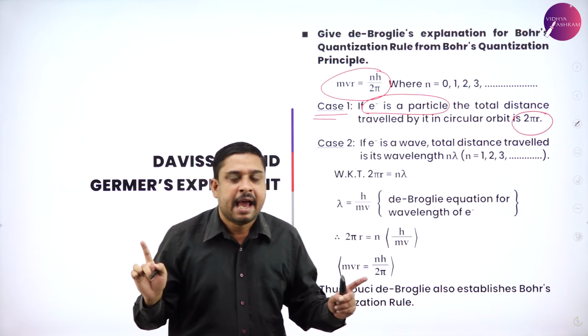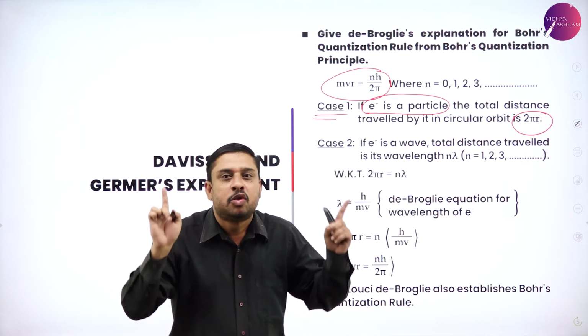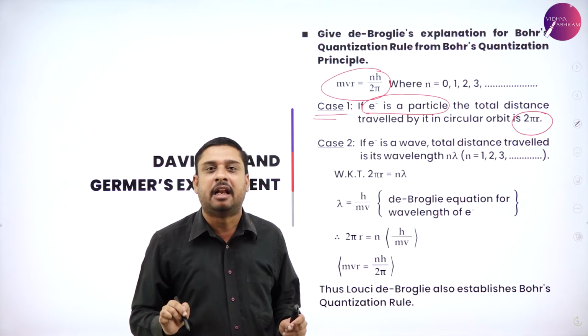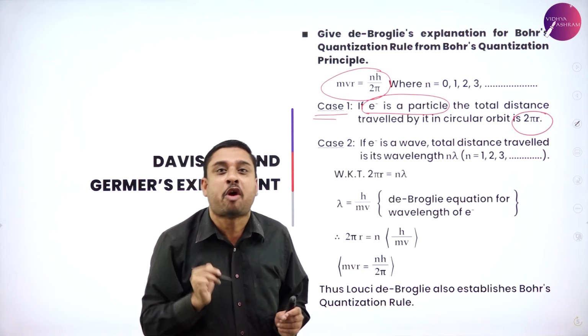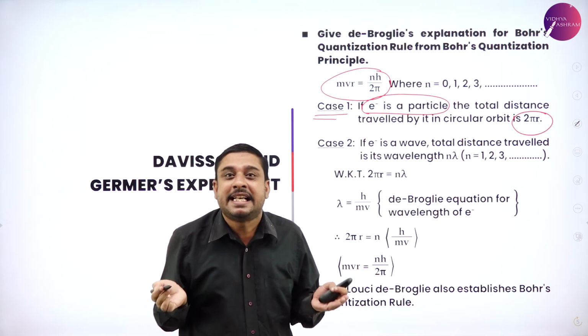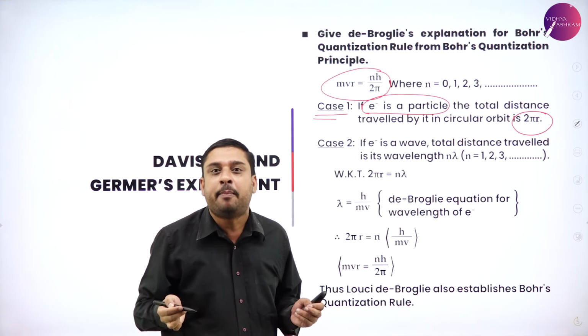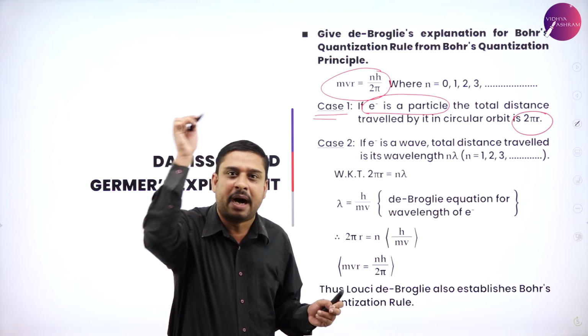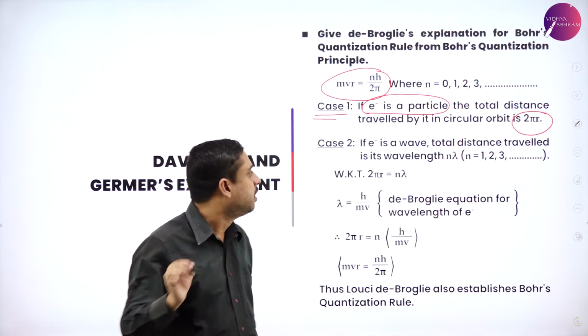See, I am treating the electron as a particle moving in a circular orbit. So what is the distance traveled by it in that orbit? It is nothing but the circumference of that orbit.